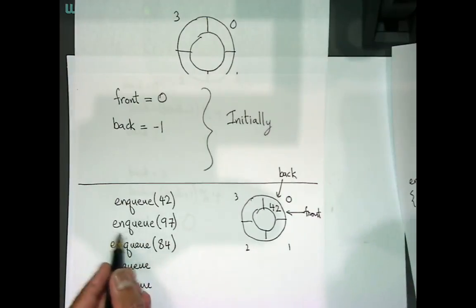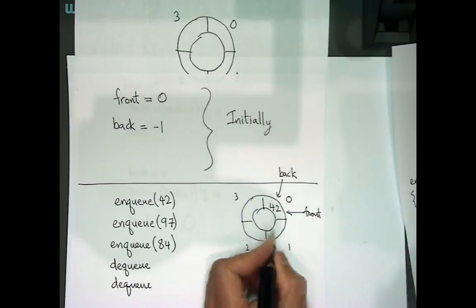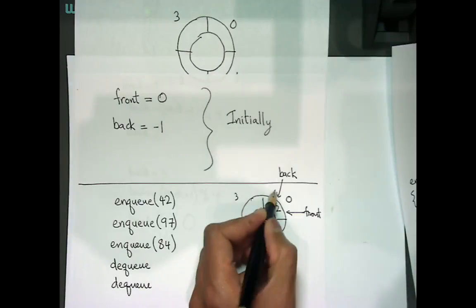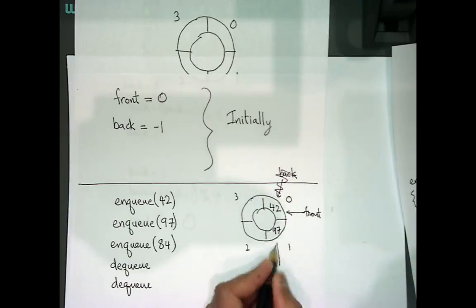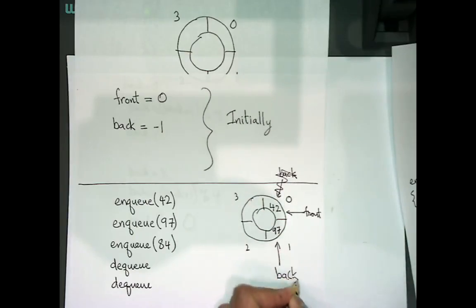When you do NQ 97, what happens? Yes, in the back? So back is going to move, and back goes here to 1.